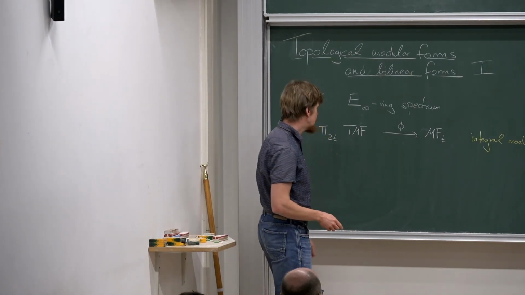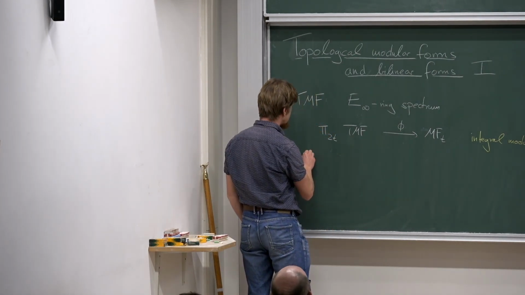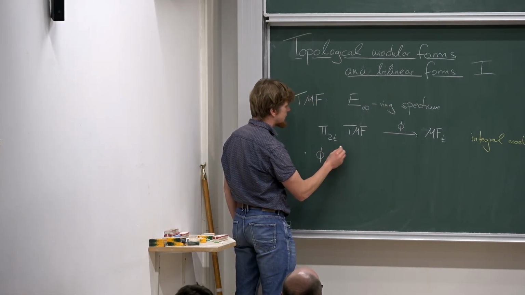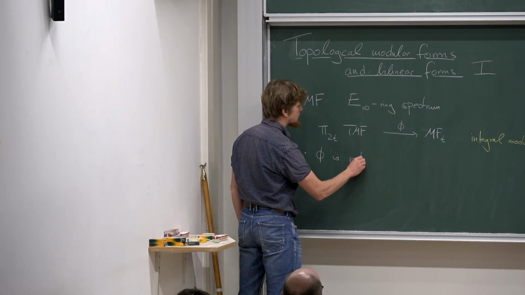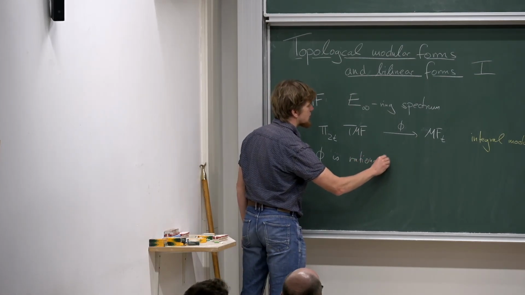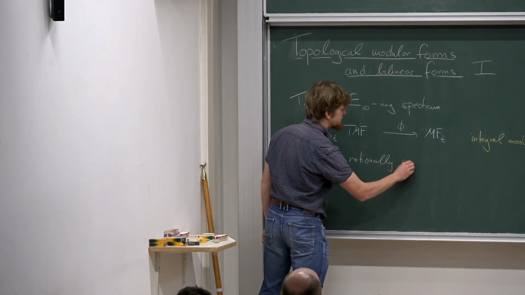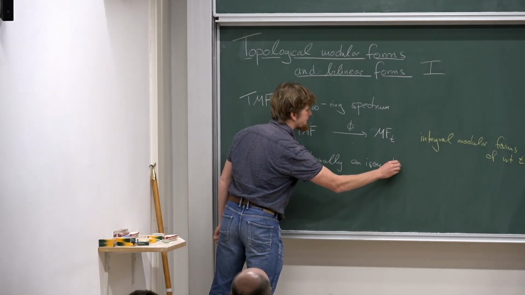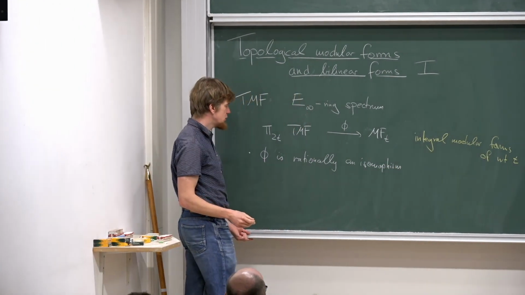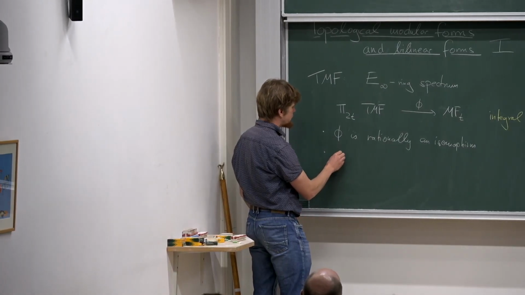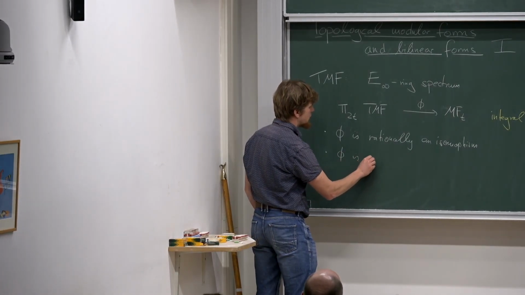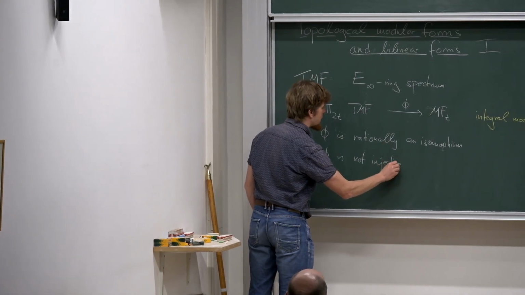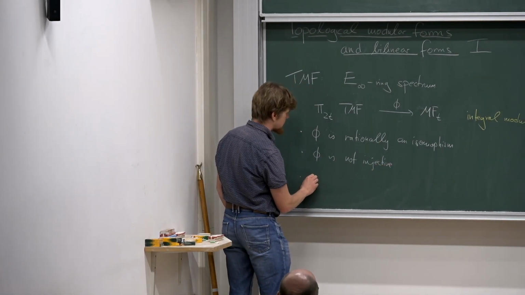And actually, there are some things one can say about this homomorphism. First of all, phi is rationally an isomorphism. So it's pretty close, but phi is not injective and phi is not surjective.